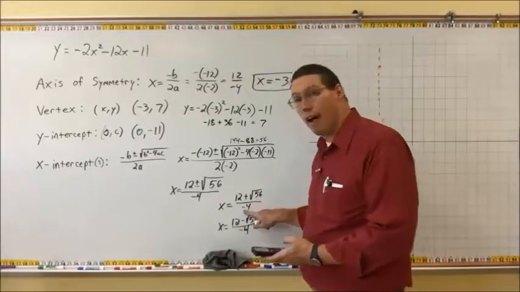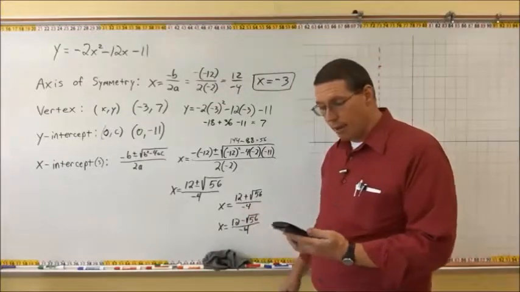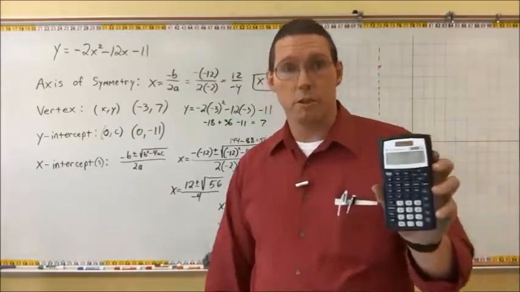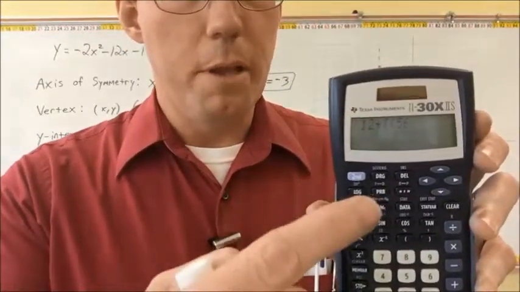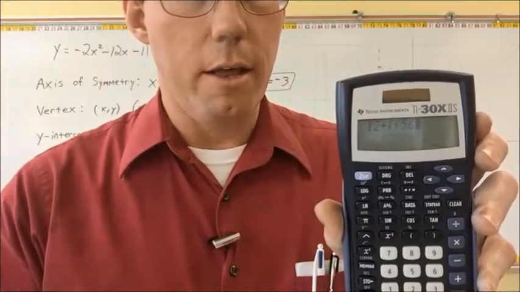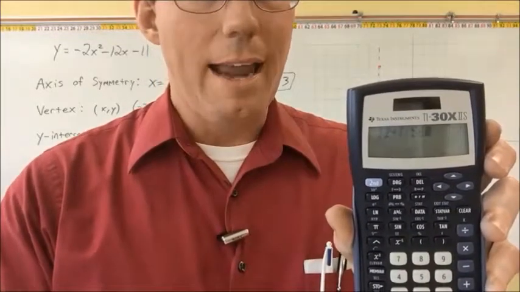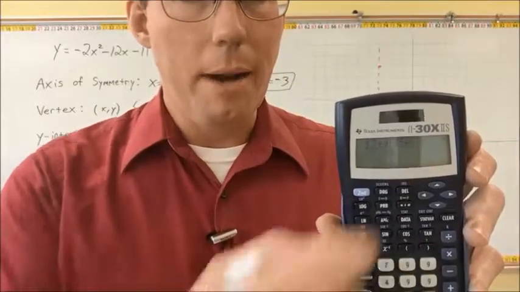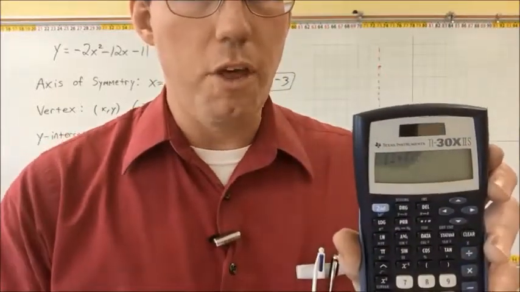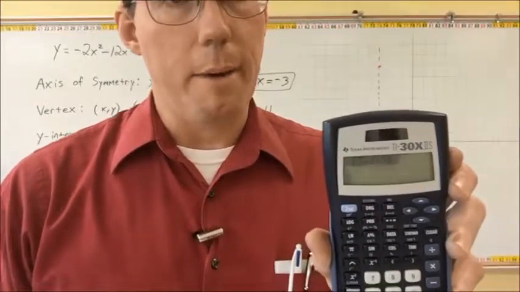Now, I'm not going to divide by negative 4 yet, because a lot of times students will mess this up. Here's what they'll do. They will type in 12 plus the square root of 56, and then they'll hit divided by negative 4, and it's only going to divide the square root of 56 by negative 4. I would have to put parentheses around this whole thing first, and then I can divide by negative 4.